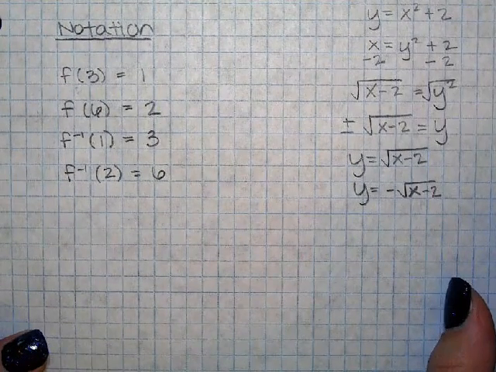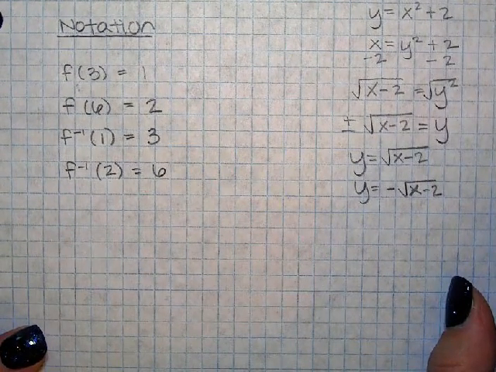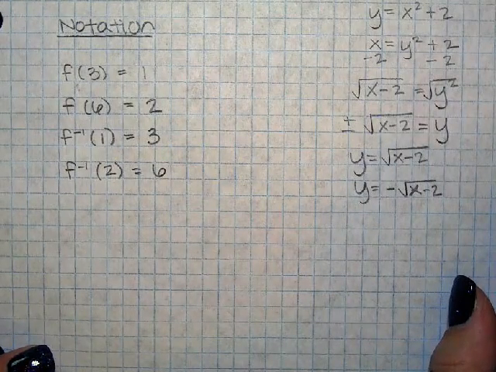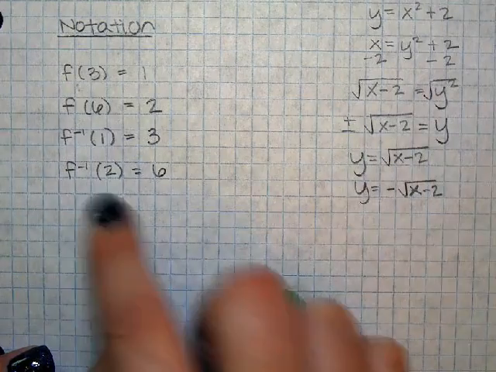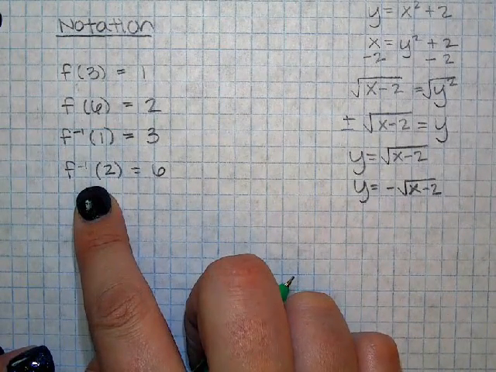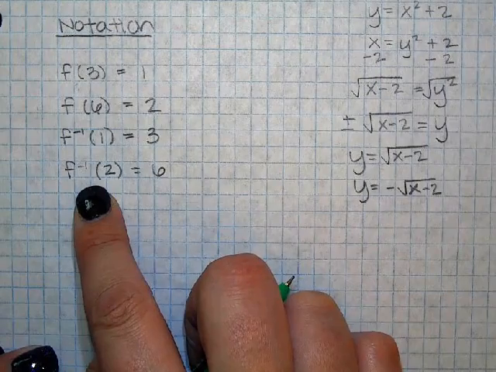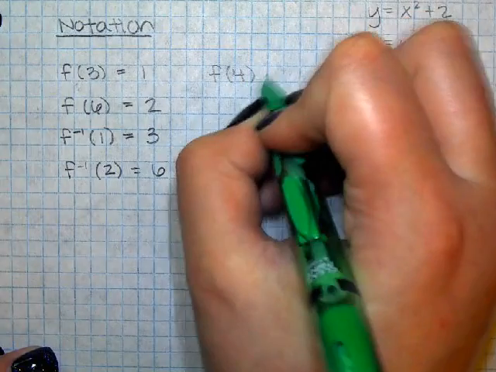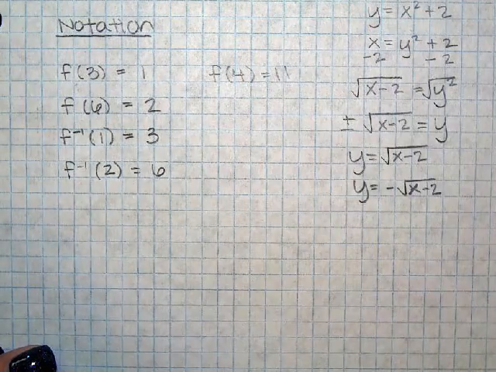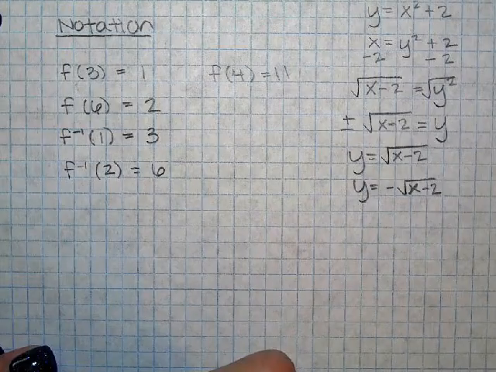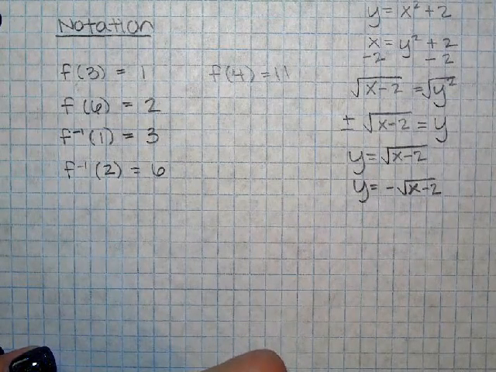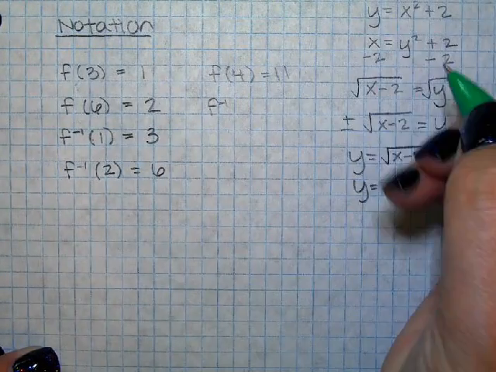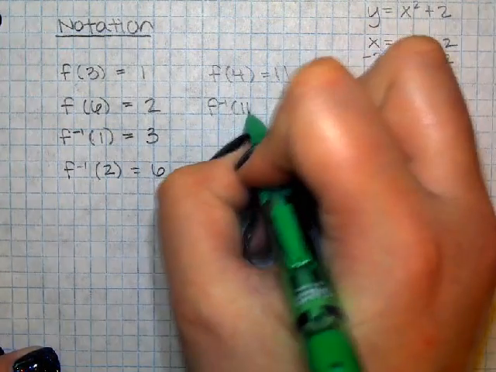Okay. So that is some notation that you might see today. They'll say, hey, if the function has f of 4 equals 11, what can you tell me about the inverse? What would you tell me about the inverse? F inverse of 11 equals 4. Okay.